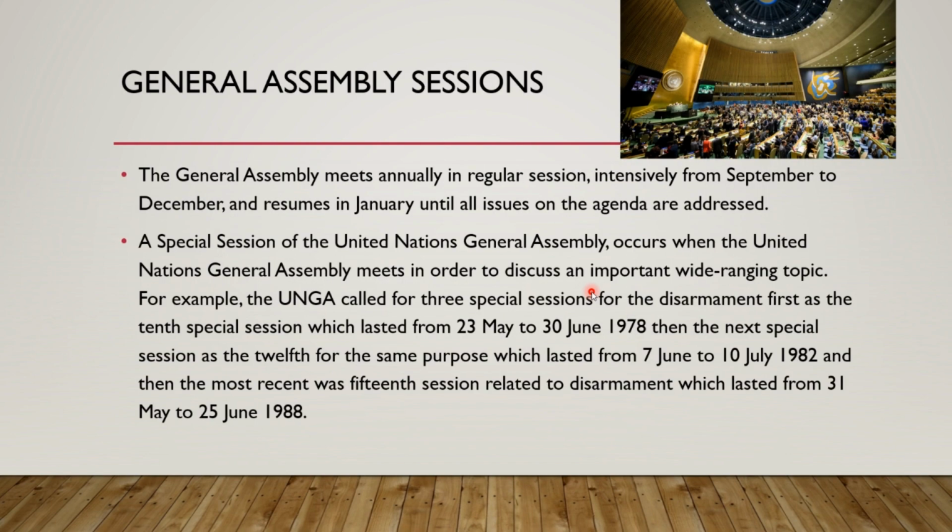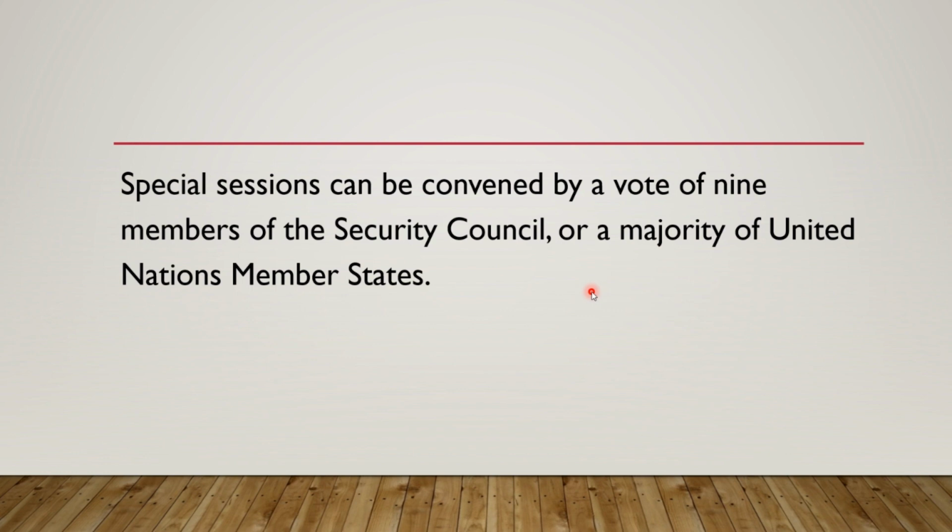Now you must be thinking, who calls these special sessions? The answer is special sessions can be convened by a vote of 9 members of the Security Council or a majority of United Nations member states. This means that, as I explained in the last video about the Security Council, there are 5 permanent members and 10 temporary members, so the total is 15.